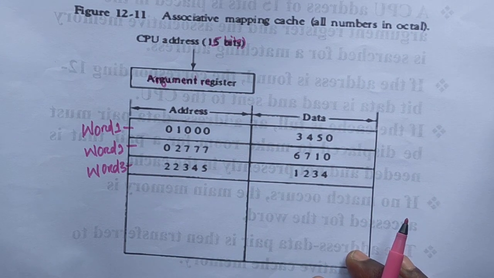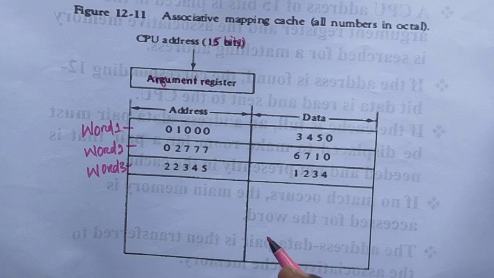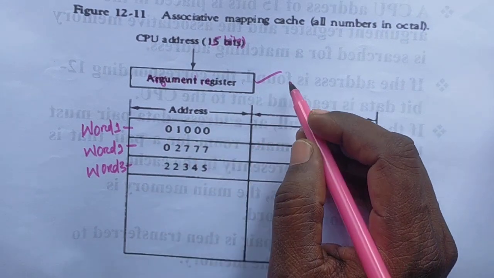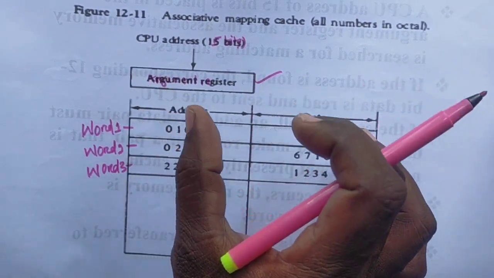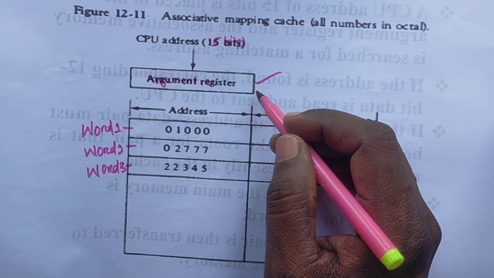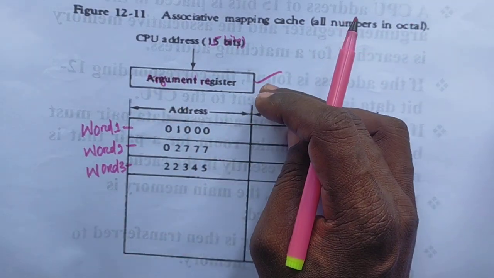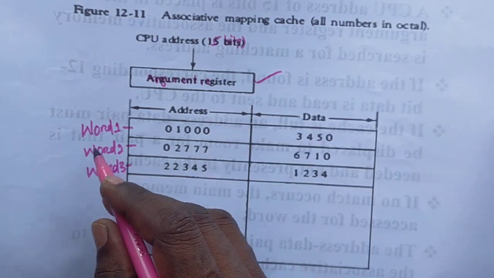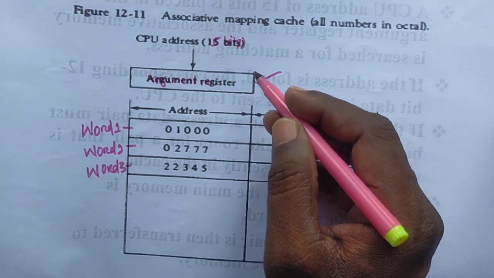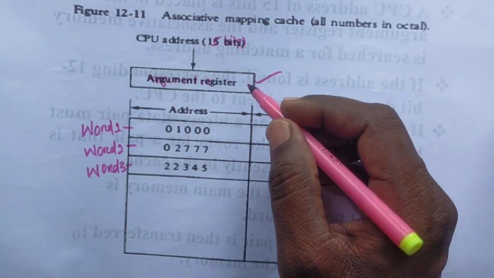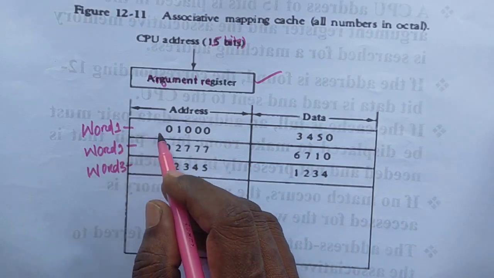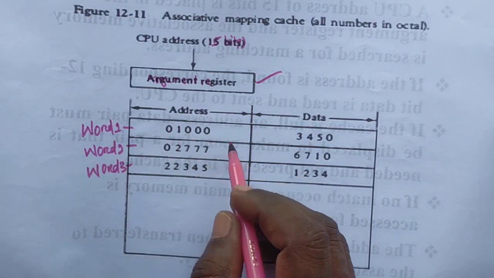Please see that whenever we search for our data through the argument register, we just put what we need to search, and it will assign some data as per our requirement. That data is searched in either word 1, word 2 or word 3. That means the argument register contains our data, and that data is searched in the different words against the address.